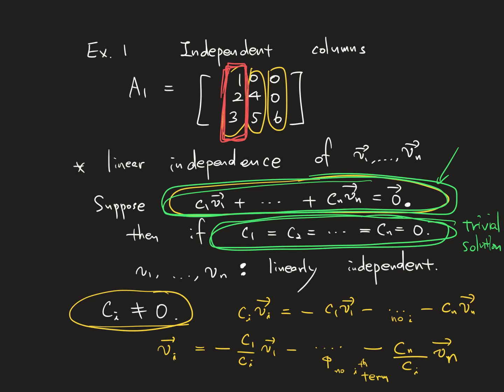It's a rather complex definition, but you need it to prove whether vectors are linearly independent or not. If you use this definition, it is relatively easy.